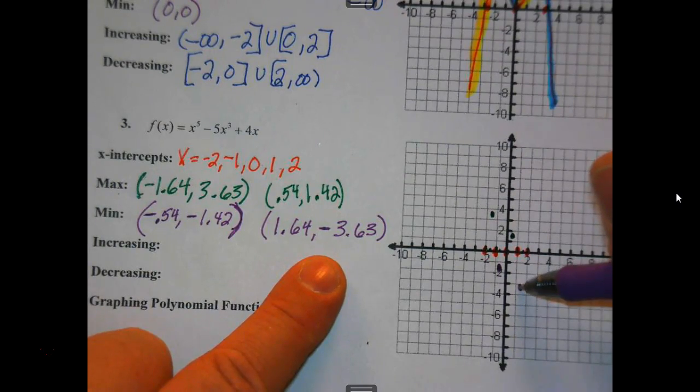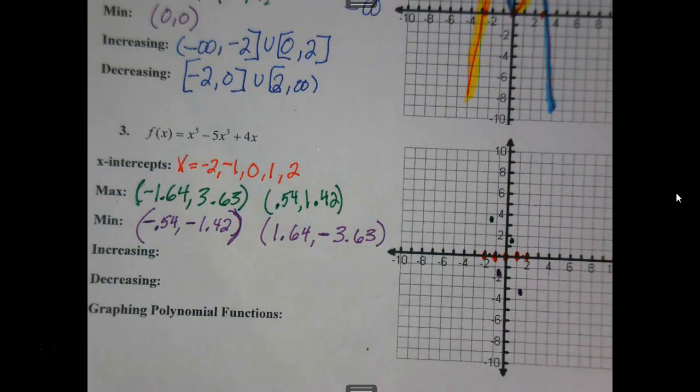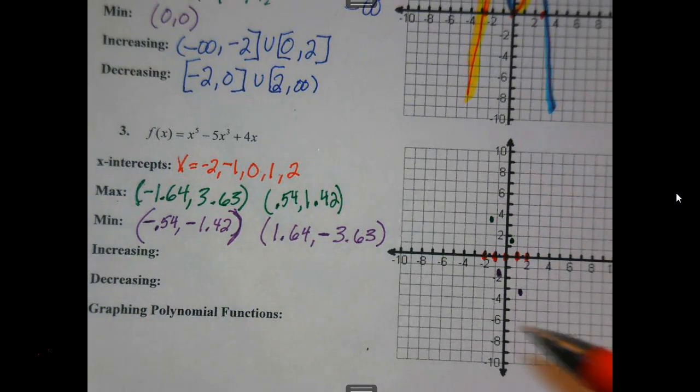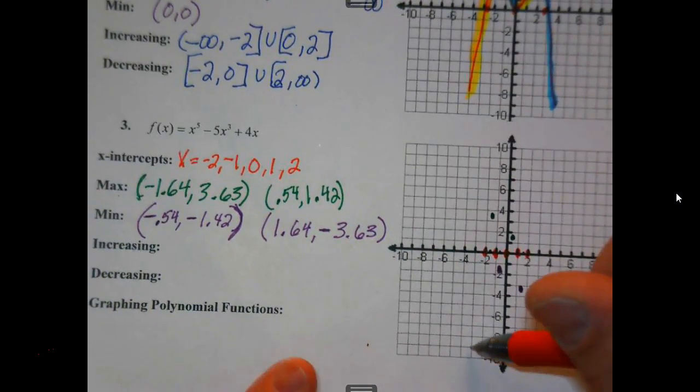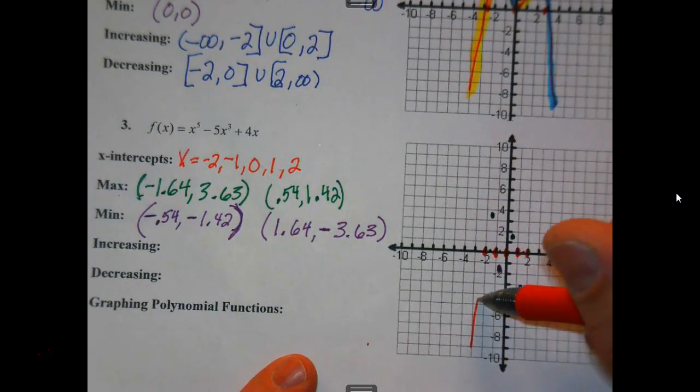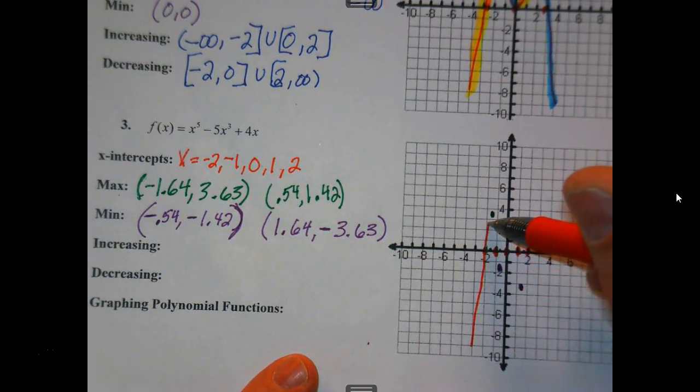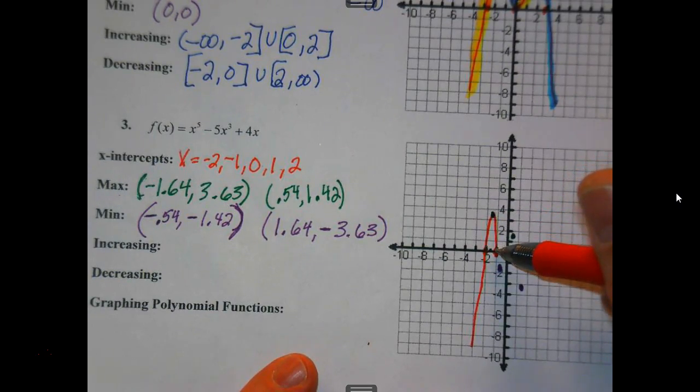Okay, are you ready? Let's see, this is coming in from negative infinity. So negative infinity goes through my first x-intercept. It's my max turning point, turns, goes through my second x-intercept.